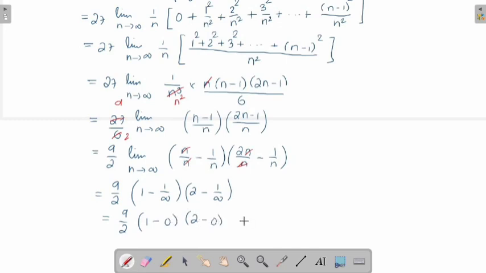Ultimately you get 9 by 2, 1 minus 0 is 1 into 2 minus 0 is 2. So this 2 gets cancelled and ultimately your answer turns out to be 9. And initially I showed you that the value of that particular integral turns out to be 9. So this is how we need to solve this. You may pause the video and note down your solution.